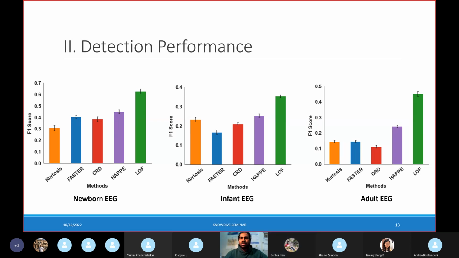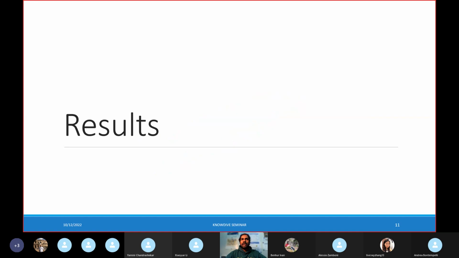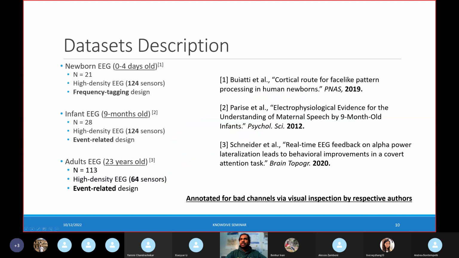Sorry, I think I lost you. Can you repeat? I'm saying that collecting the data when the infants are sleeping, would that have an effect on the output? When they're sleeping, these data sets are not collected while they are sleeping. They had to do some sort of cognitive experiments. In this case, they had to listen to their mothers speaking some words. So the data is not collected when they are sleeping.